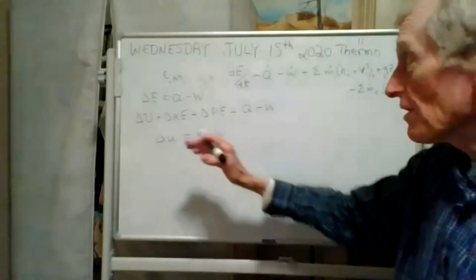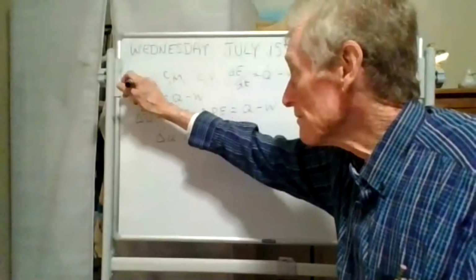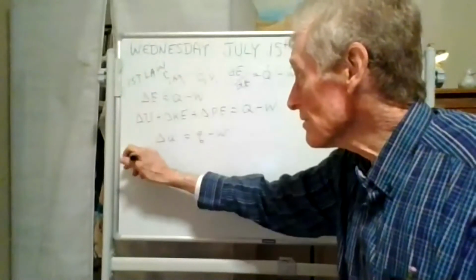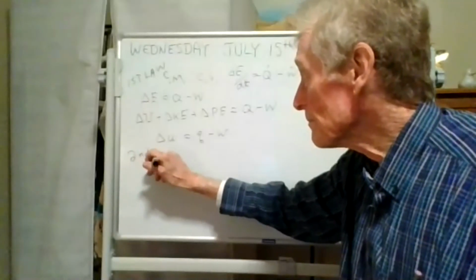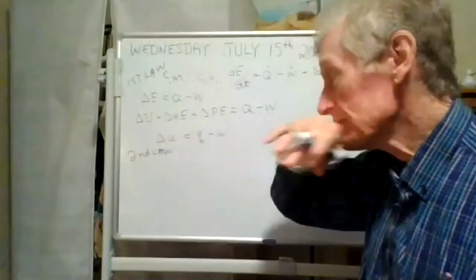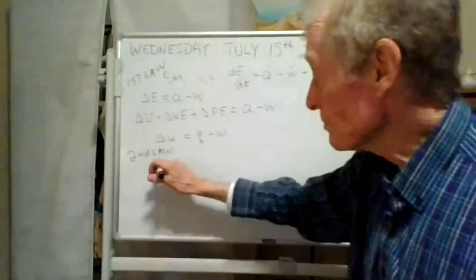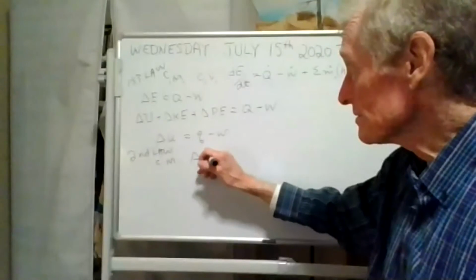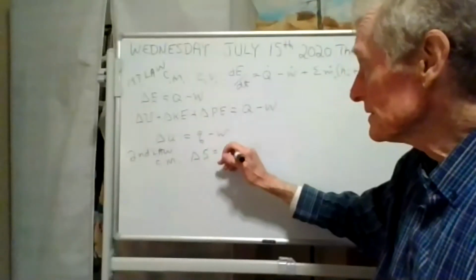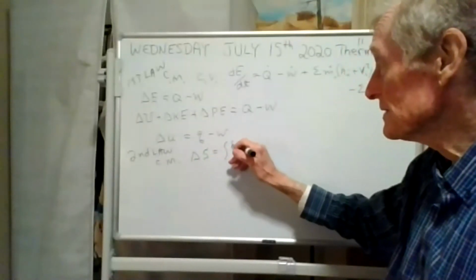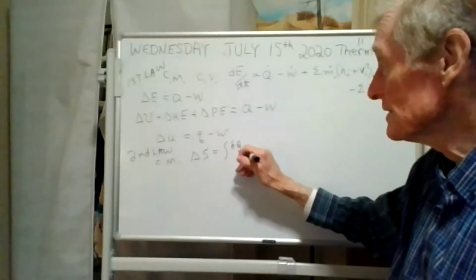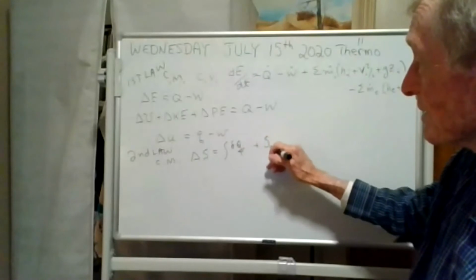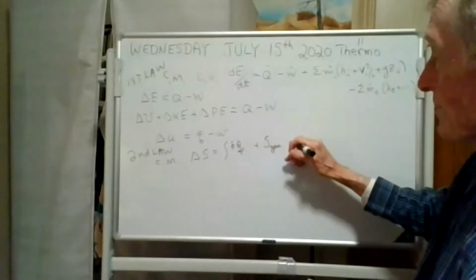And then there's the second law. See, all this stuff is the first law. But there's also the second law. Now for a control mass, it goes like this. I'm doing this from memory because I couldn't find my file there.